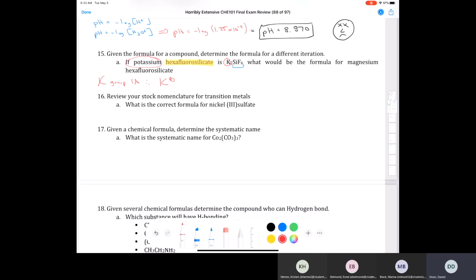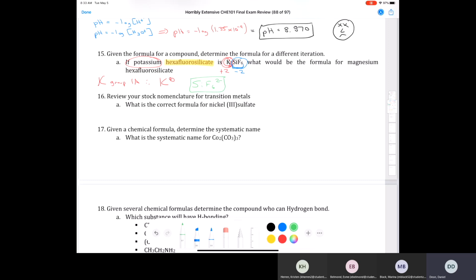Now, if I have K2, that means that overall there's a charge of plus 2 associated with my cation. That means that the whole charge of the SiF6, the hexafluorosilicate, must be minus 2.